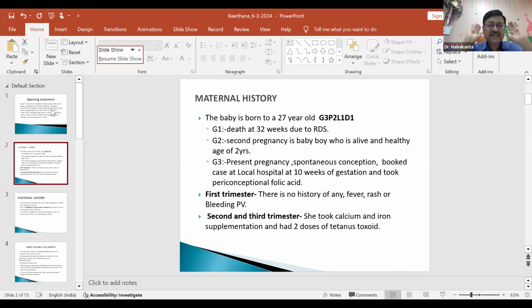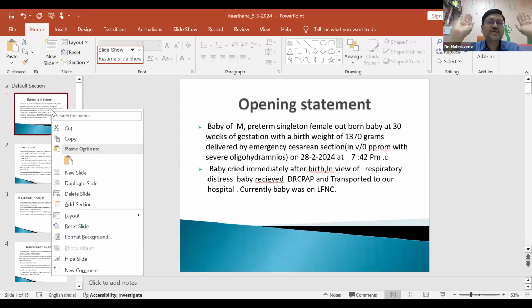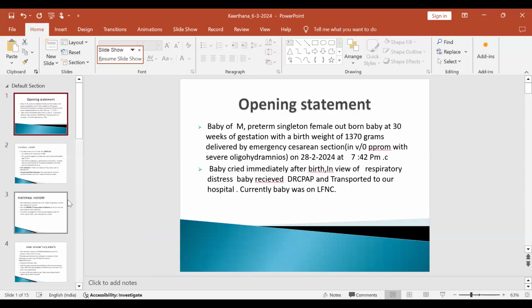I cannot hear the presenter. I also cannot hear the presenter. She is not audible. Okay. Now I am starting from the other laptop. From the starting onwards, it was not audible.